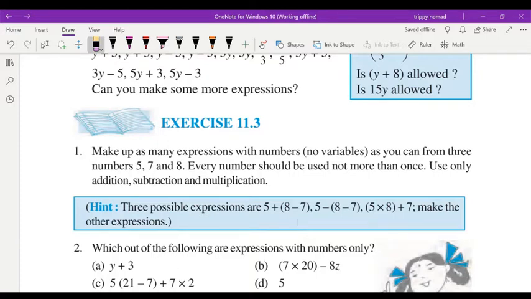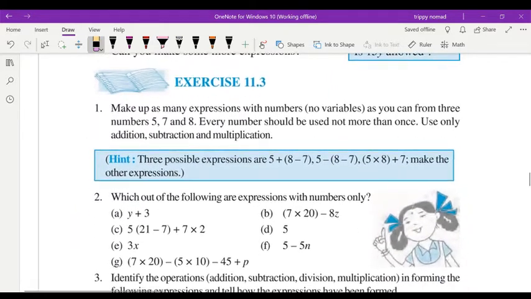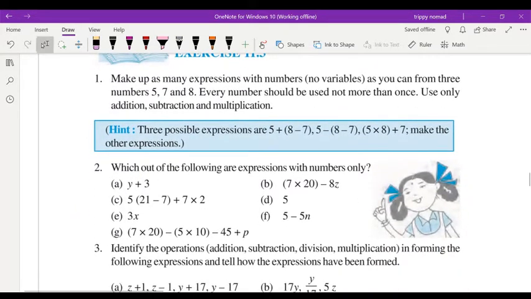Okay, the first sum you will do yourself, in the same way, because they have given the hint. Instead of this you can write here what you can do.